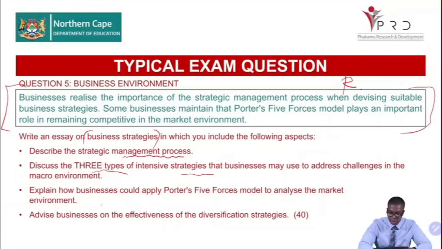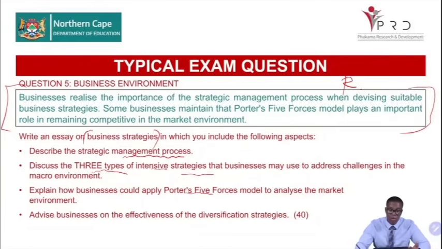Then you explain the types of intensive strategies and also explain how the business could apply Porter's 5 forces model to analyze the market environment. Then you advise businesses on the effectiveness of the diversification strategy for 30 marks.